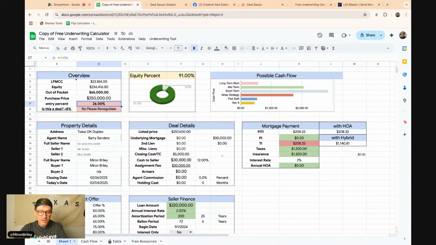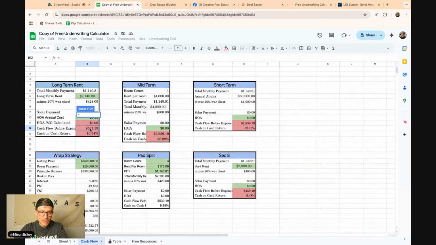But you know what I want? I want a cash on cash return. Cash on cash is what I make a month, which would be this 571. I'm going to make an improvement because I actually want this.